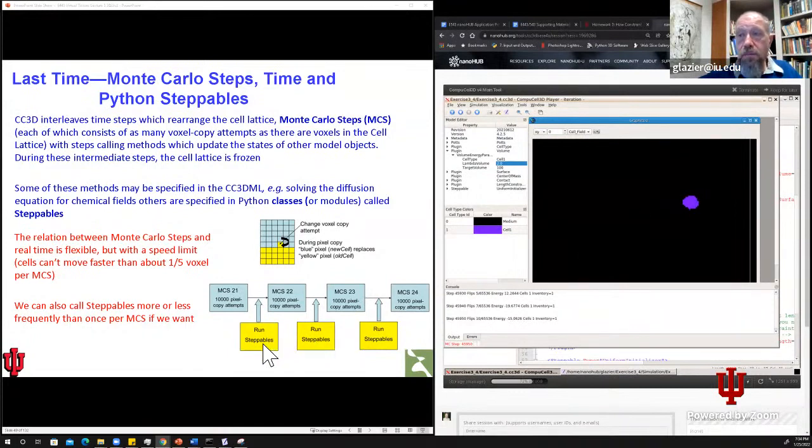In general, these steppables are run once per Monte Carlo step. So I run one sweep of the lattice, then I run the steppable, one sweep of the lattice, then I run the steppable. If I want to call the steppables less frequently, like I want to save data to a file, and I only want to do that every 100 Monte Carlo steps, that's not a problem. If I want to call the steppables more often than once per Monte Carlo step, I have to do a little bit of fiddling.